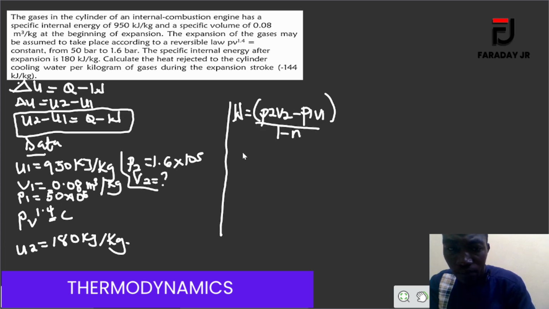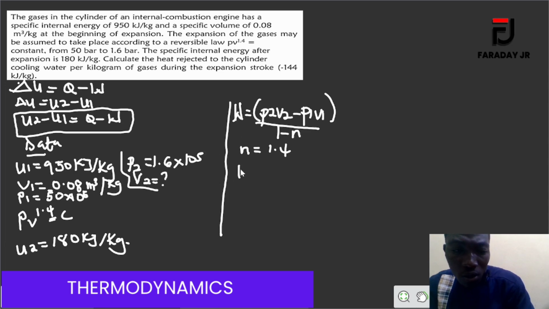Our n was given as 1.4. We have V1, P1 and P2, but we don't have V2, so we need to calculate it.